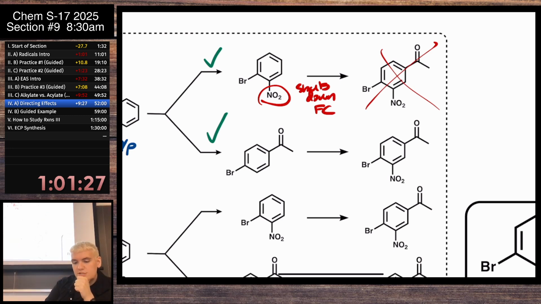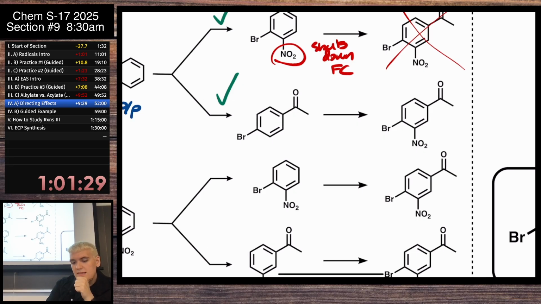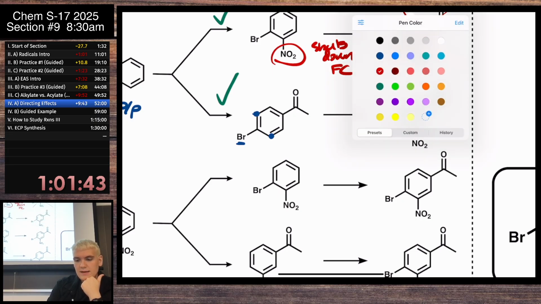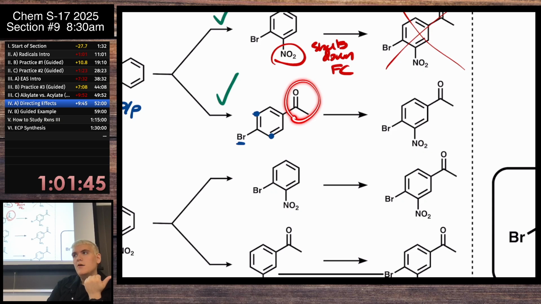What about if we do the acyl group second and then we need to add our nitro group? Well, our bromine is going to direct ortho-para to it. And then our acyl group is going to direct ortho-para or meta to it. Meta, it's a withdrawing group. And oh my gosh, it's so nice.